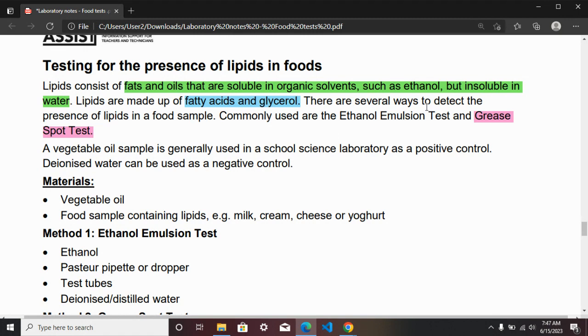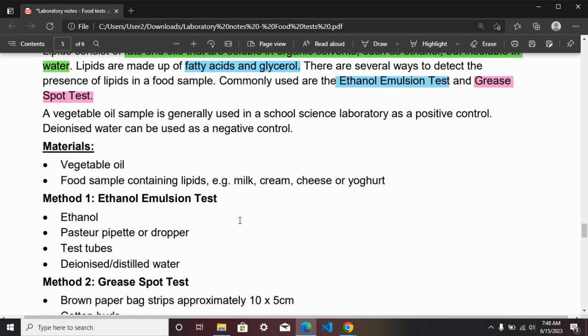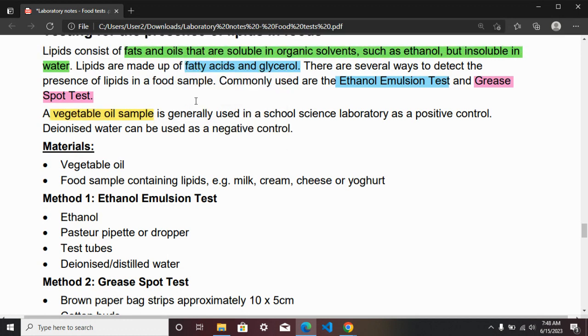And we have another kind of test which is called the ethanol immersion test. We will get vegetable oil as a sample because it is very common and easy to find compared to other lipid-containing materials.